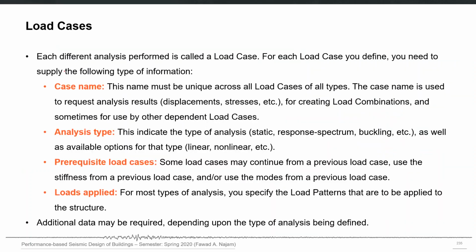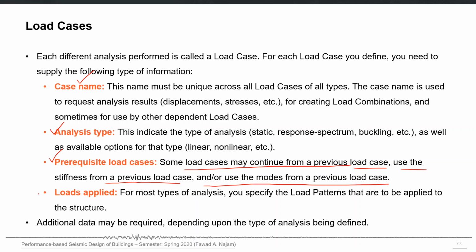So in the load case form, you have to provide a case name. You have to provide the analysis type. We have seen different types also. The prerequisite load case, I have discussed that in the last slide also, that some load cases may continue from a previous load case. So if you check this option, then you can use the stiffness from a previous load case, and you can also use the modes from a previous load case.